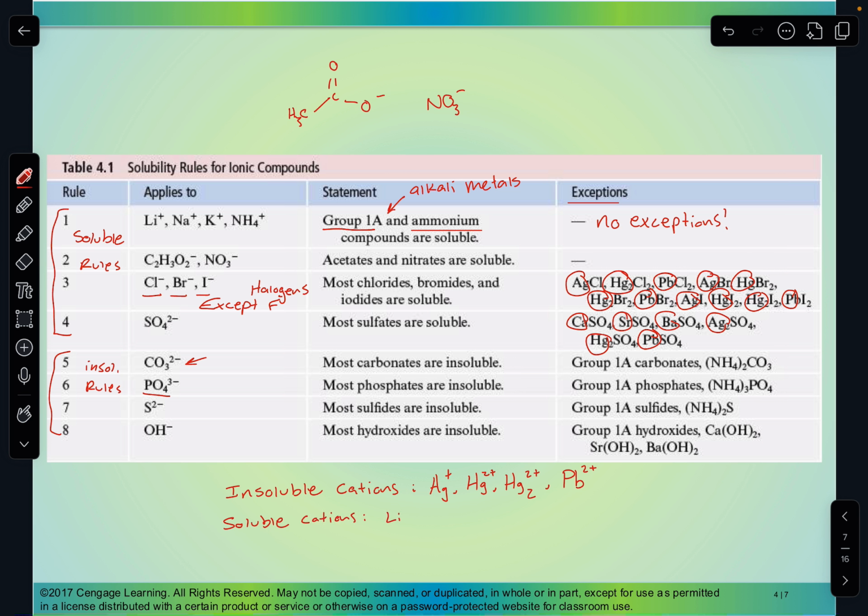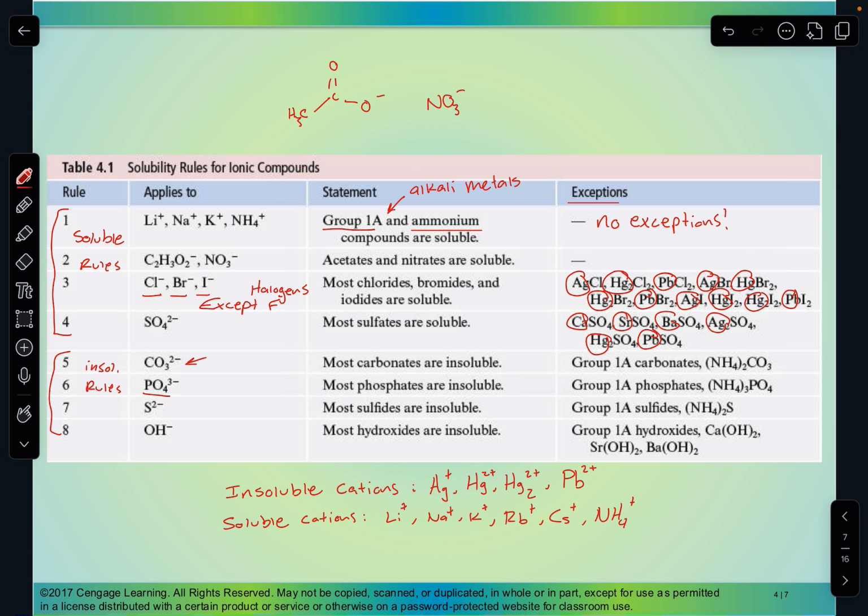That's going to be lithium plus, sodium plus, potassium plus. We're also going to put in the other ones because those are also soluble. Rubidium plus. It doesn't say it up there, but it's important that you know that all of those are soluble. And cesium plus. As well as NH4 plus. Those are going to be your soluble cations.